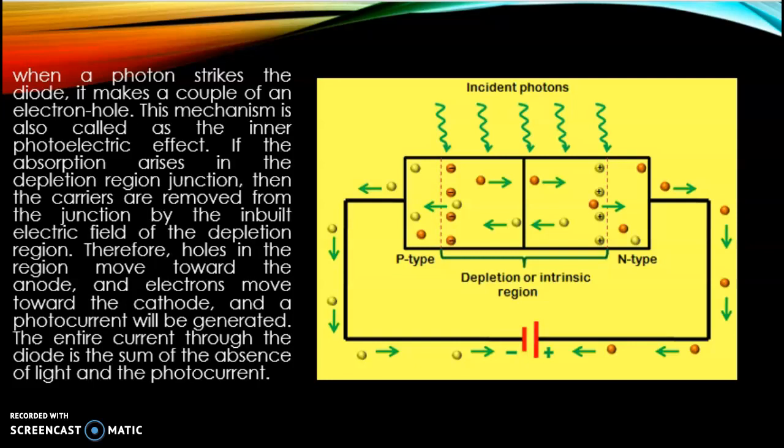It can detect optical signal over a wide spectral range from visible to infrared depending on the band gap of the semiconducting material. Photodiodes can be made with elemental and compound semiconductor.